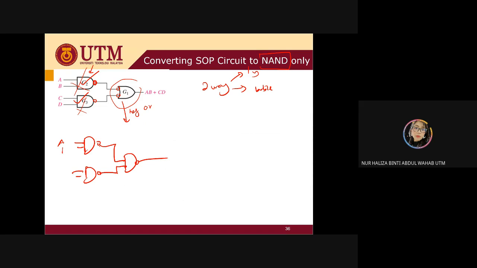So I get my full NAND gate representation from this. Like just now, it is a NAND. In terms of NAND gate, I can represent it like this. Your output should be similar.